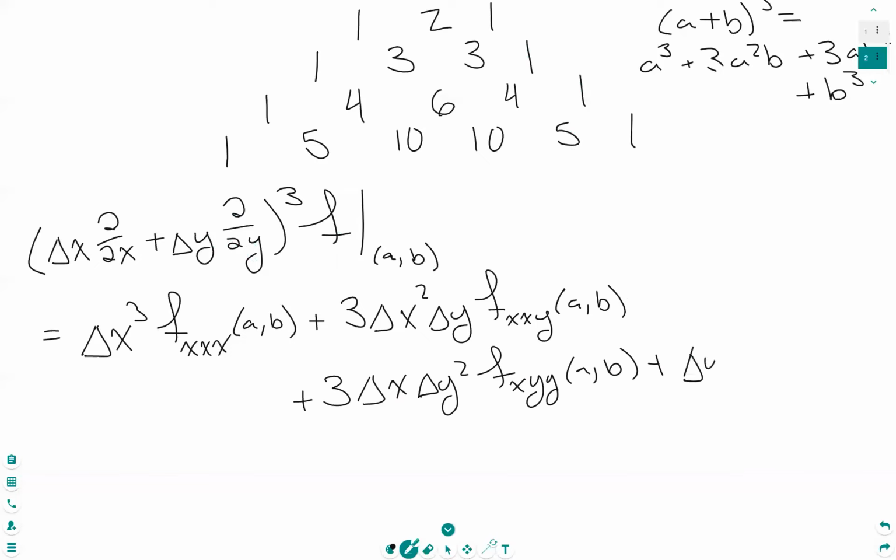So this is delta y cubed f y y y at (a, b). So that's that third derivative, or applying this differential operator 3 times. So that's why we went over Pascal's triangle, to remember what these coefficients would be, just offhand, right?